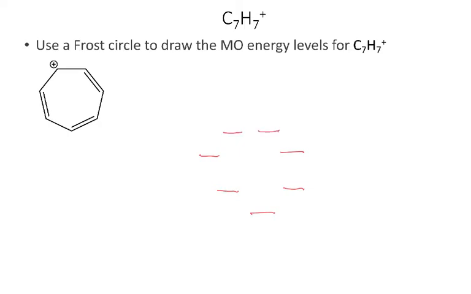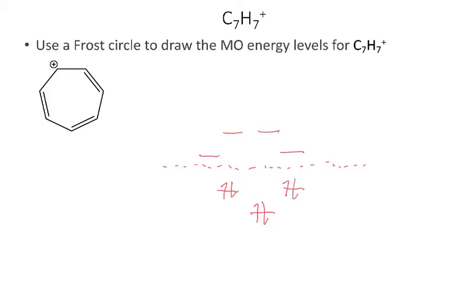All right, and the halfway point on this molecule is going to be through here. So we'll do a dashed line. This is where the energy of the atomic p orbitals would be, halfway in the middle of the circle. And then we have 2, 4, 6 pi electrons. So 1, 2, 3, 4, 5, 6.